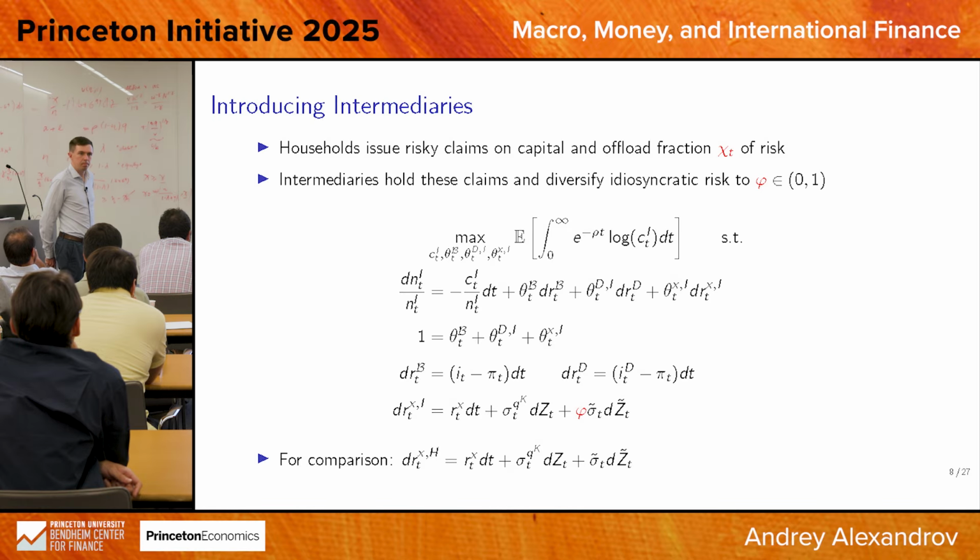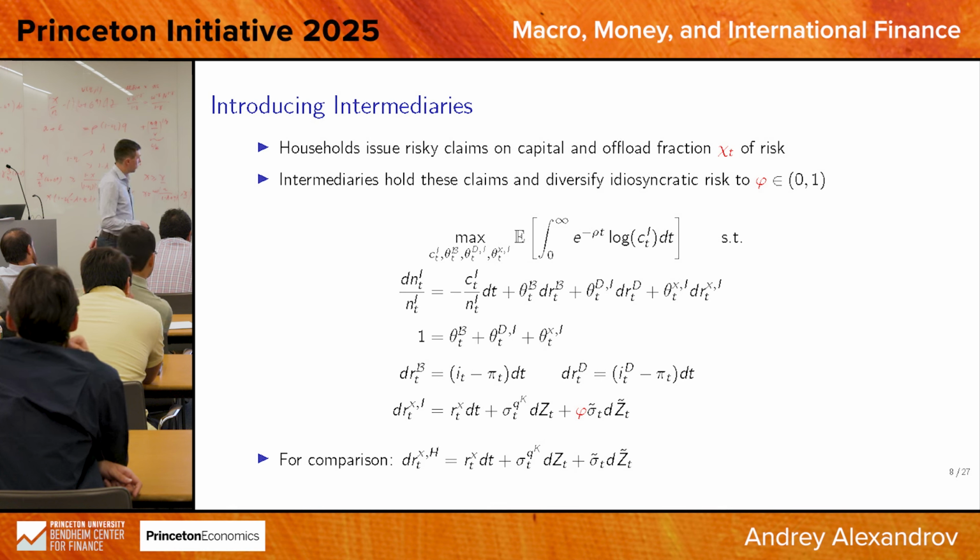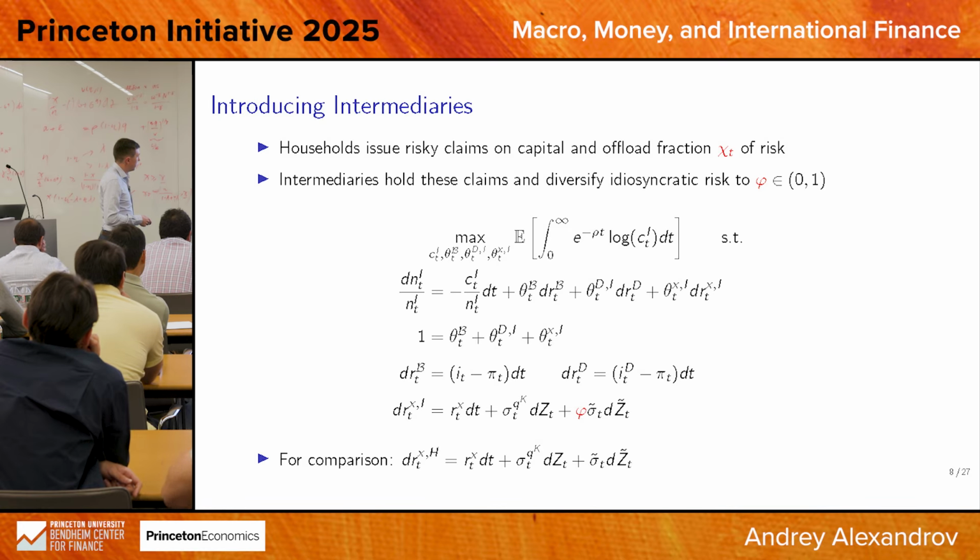Yep. The return R^x for the household. Yep. Is it the return on capital? No. So the risk that is offloaded is going to be the same as the one on capital, but the expected return is going to be endogenously determined, which here will not necessarily be the one that is on capital.